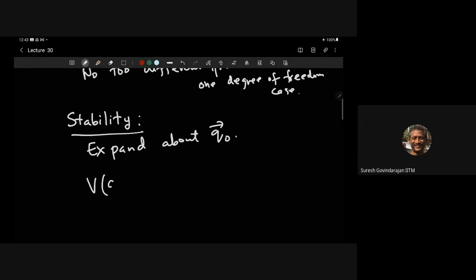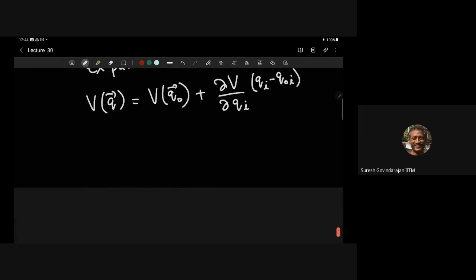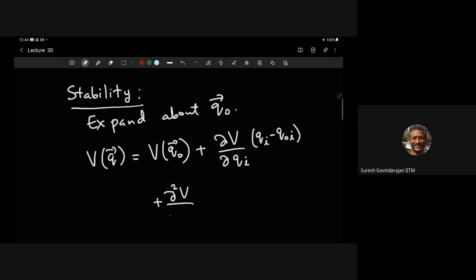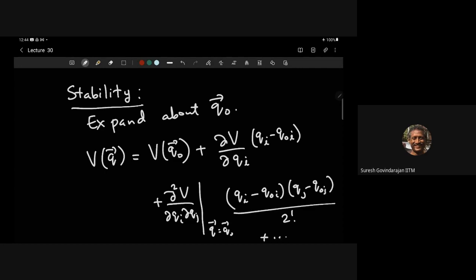So we get V of q, now with partial derivatives, plus higher order terms.